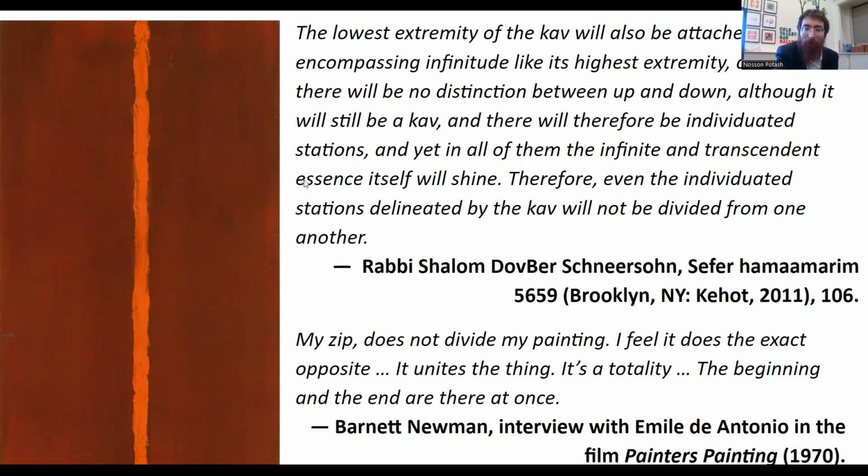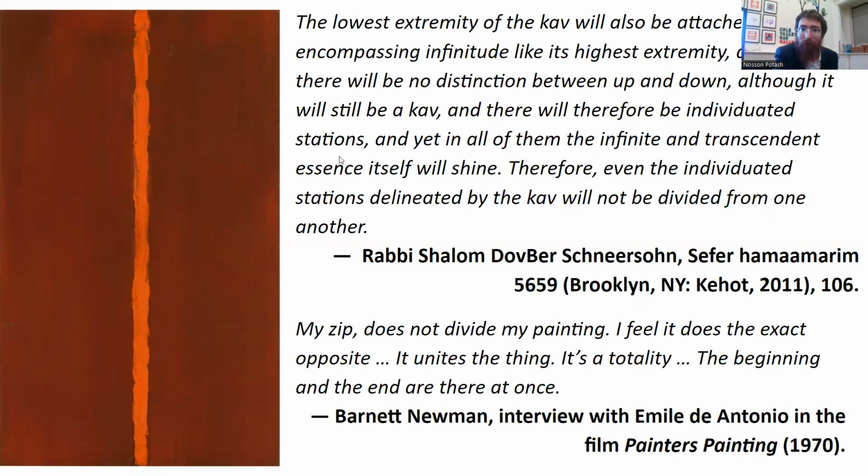What is referred to in individuated stations? Broadly speaking, what he means is that in the Kabbalah, you have a notion of different worlds, higher worlds and lower worlds. And he's saying that these realms will still exist as individuated realms. They won't all become the same. So let's say there's the realm of the angels. And that realm will still be the realm of the angels, and this physical world will still be this physical world.